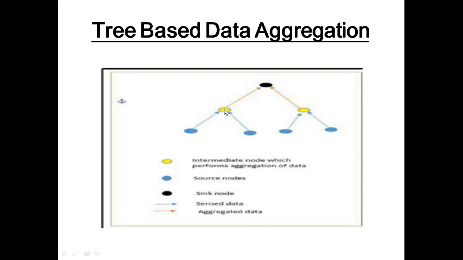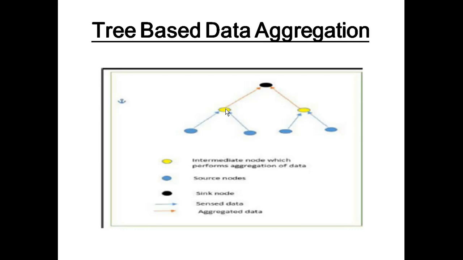So the data collected from these source nodes is forwarded to the intermediary node. The intermediary node collects the data from multiple source nodes, and it combines the data, it aggregates, it removes the duplicity by performing some algorithms, and then it sends the aggregated data to the root, the black colored sync node.